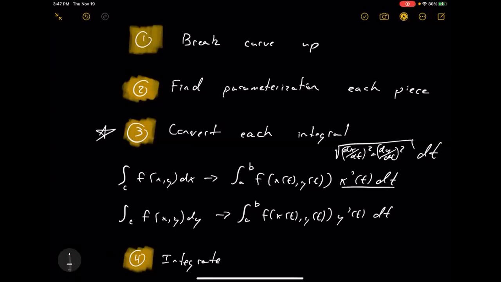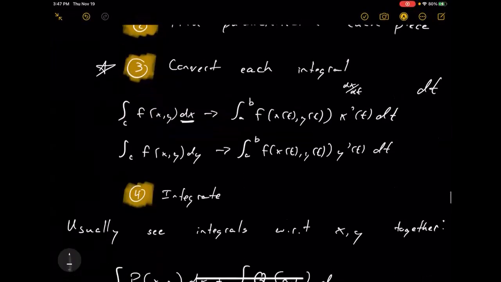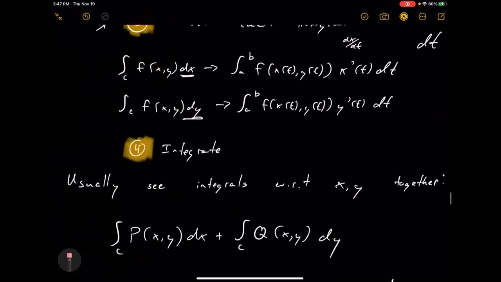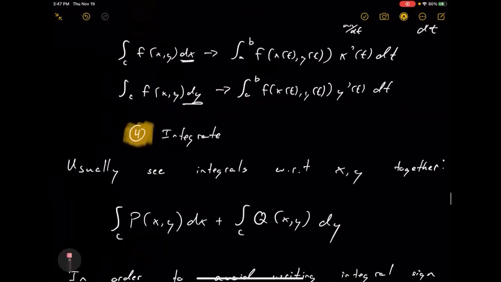So it's not even squared, it's just x prime of t dt. We drop the square root, we drop the dy dt, and we drop the square. That's when we're integrating with respect to x. If we integrate with respect to y, it's y prime of t dt. And that's the only difference.